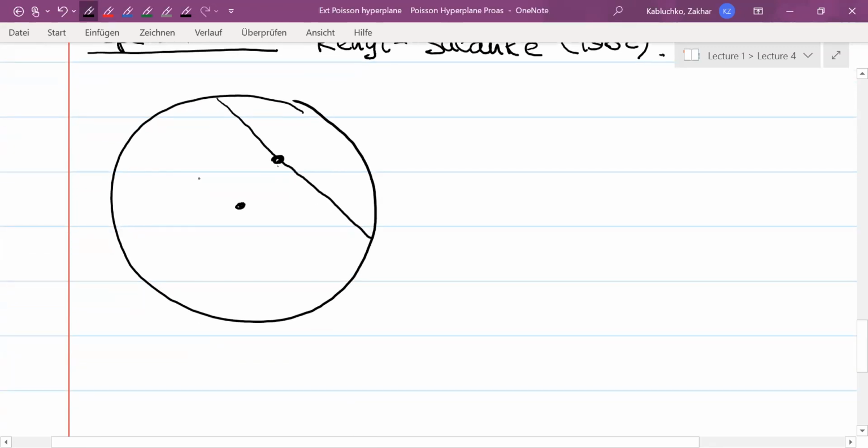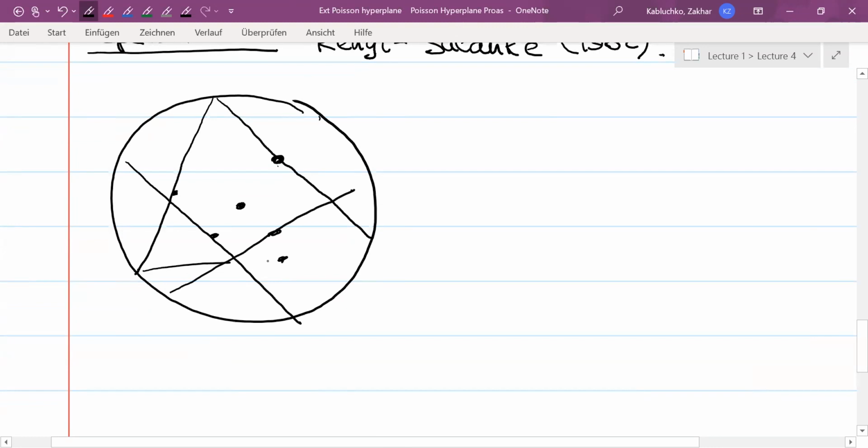So say here is another distance between 0 and 1, which is uniformly distributed, another direction, and here is another line, and so on.